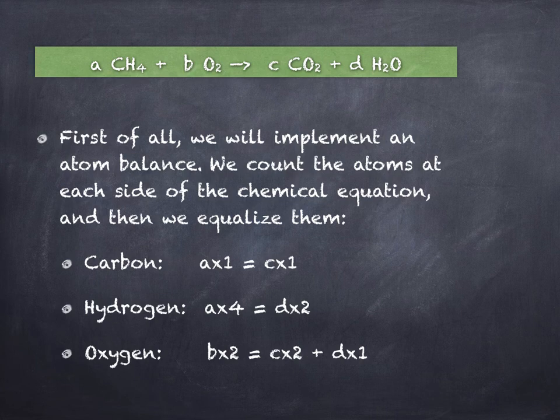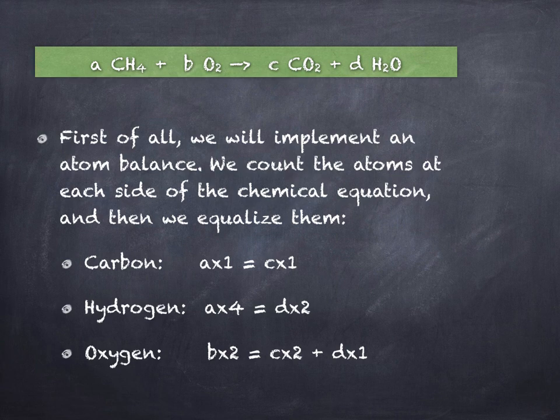So carbon. Carbon is in methane and in carbon dioxide. There is just 1 atom in each of these molecules. So we multiply A times 1 for methane, and that number should be equal to C times 1 for carbon dioxide. Now, hydrogen.